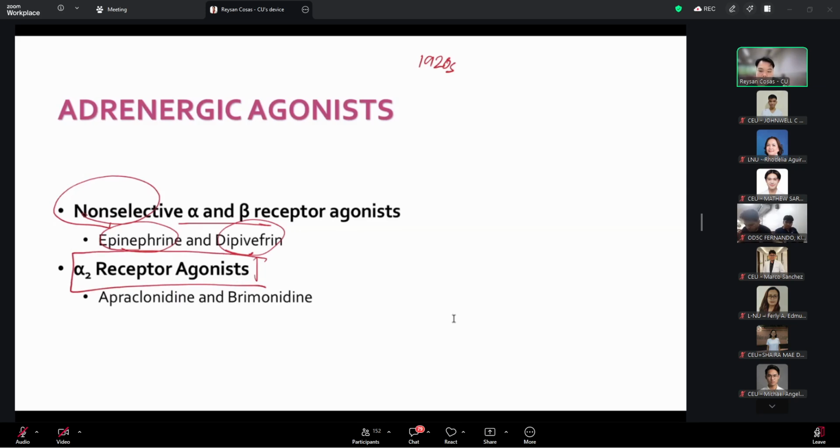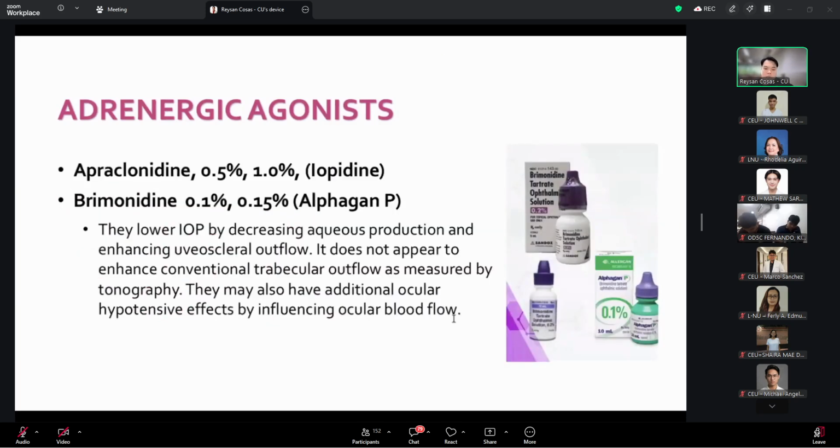So if you opt to choose adrenergic agonists as treatment for glaucoma, you have to prioritize the selective agents, which include apraclonidine and brimonidine. So, let's discuss the two selective agents. Ano bang ginagawa nila? Of course, they activate the alpha-2 receptor.